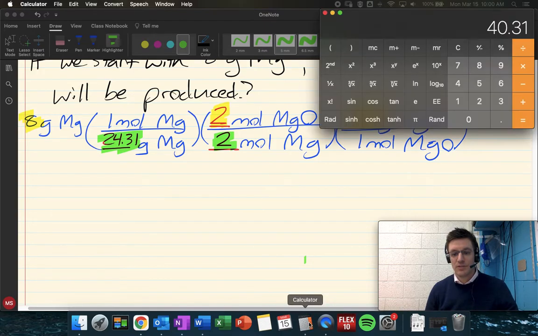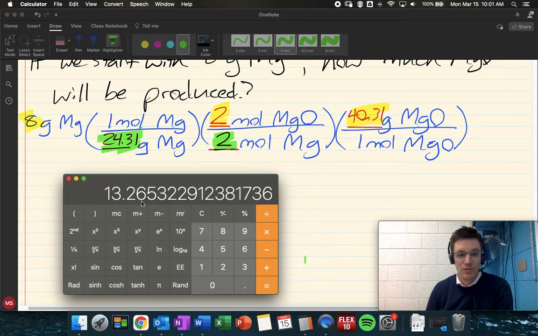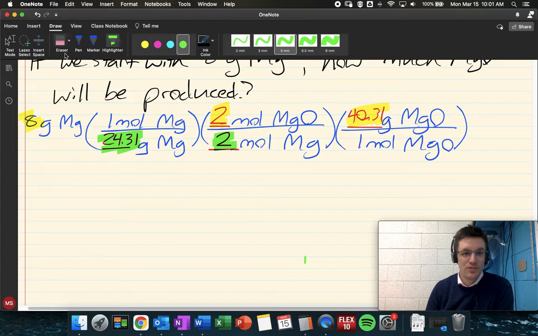So you've probably unpaused by now, and you can see me struggling to get my calculator working here. 8 times 2 times 40.31 divided by 24.31 divided by 2 equals 13.27. I rounded off to 2 decimal places. 13.27.